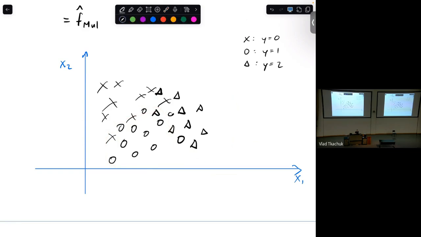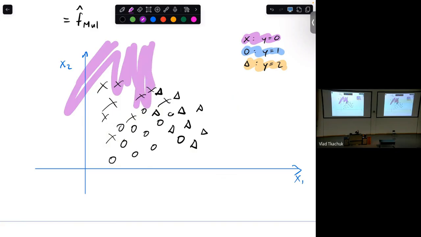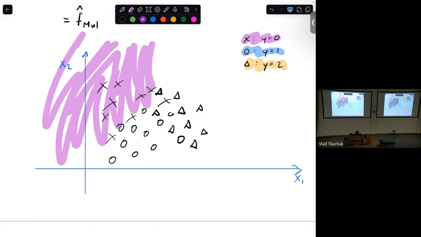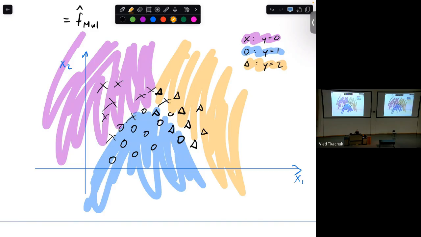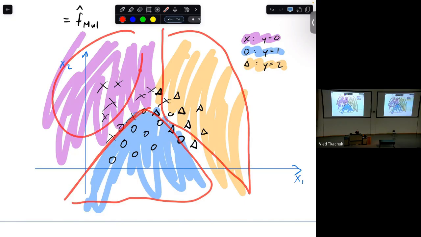If I give this the color purple, this the color blue, and this the color orange, then in this area I should predict 0, in this area I should predict 1, and here I should predict 2. In other words, the class with the largest probability should be class 0, class 1, or class 2 in the respective regions.